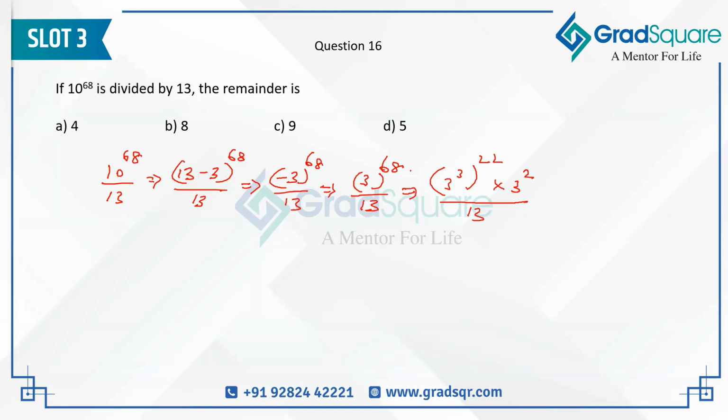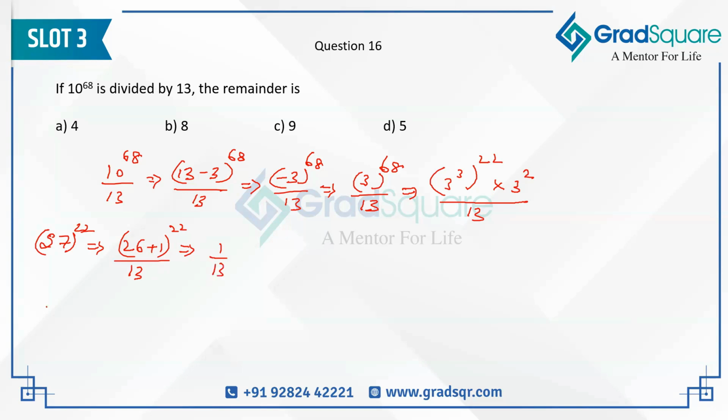Now, I just want you to evaluate 27, which is 3 cube, to the power of 22, right? If you go further, you can rewrite this as 26 plus 1 to the power of 22, correct? And when you divide this value by 13, what are we going to get? We are going to get a remainder of 1 by 13, correct?